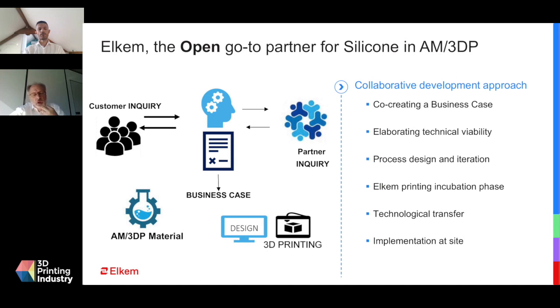And this is what we wanted to go forward with, showing that we have an open market approach. So we are providing raw materials and the expertise that we have been developing to our customers. We are not a printer.